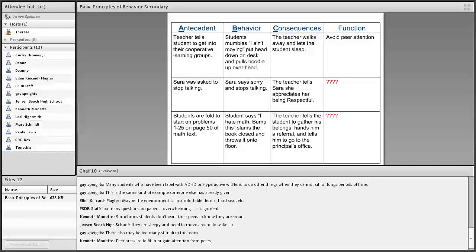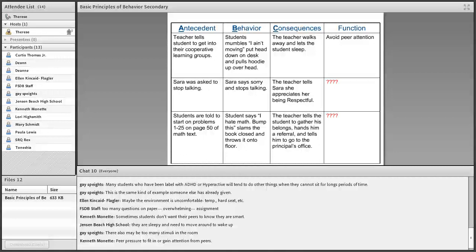So the function of that behavior, it says avoid peer attention. I would actually caution and go out on a limb and say the student's avoiding the activity. So he has the behavior, "I ain't moving," puts his hoodie on, and the teacher walks away and lets the student sleep. So he's avoiding the activity, or maybe he's getting access to the sensory of going to sleep. Let's try the next example.